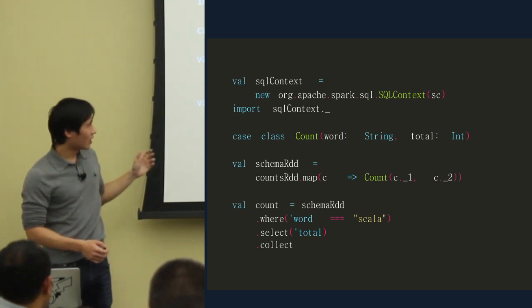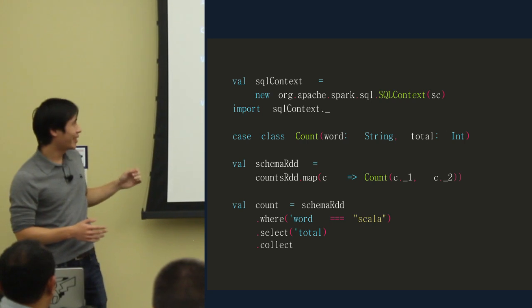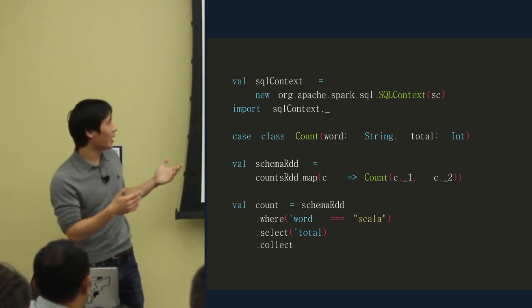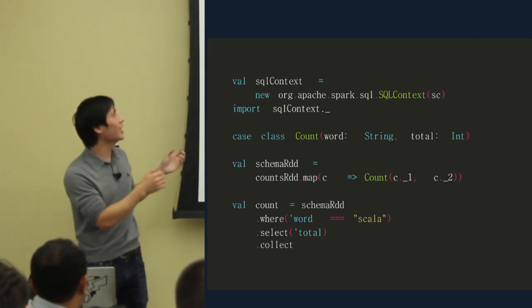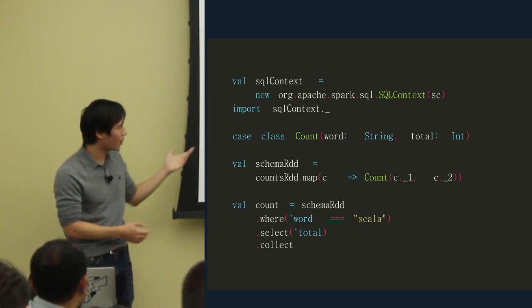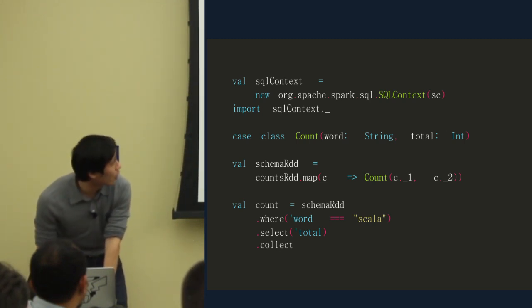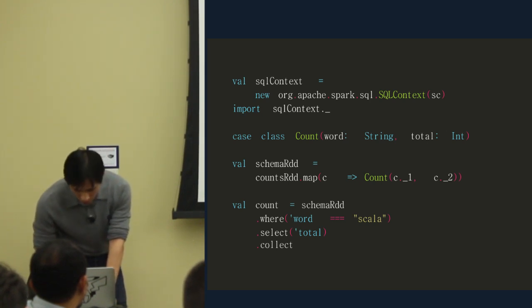And again, this is really cool because we haven't done much work here. All we did was turn an RDD into a collection of case classes, and we were able to query the RDD with a SQL DSL. So yeah, I'll just demo this.